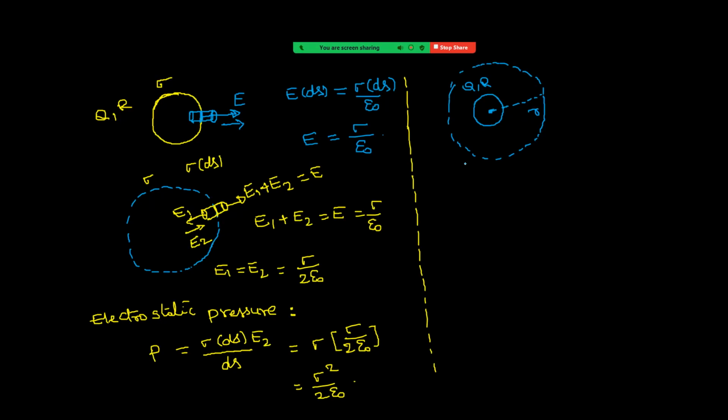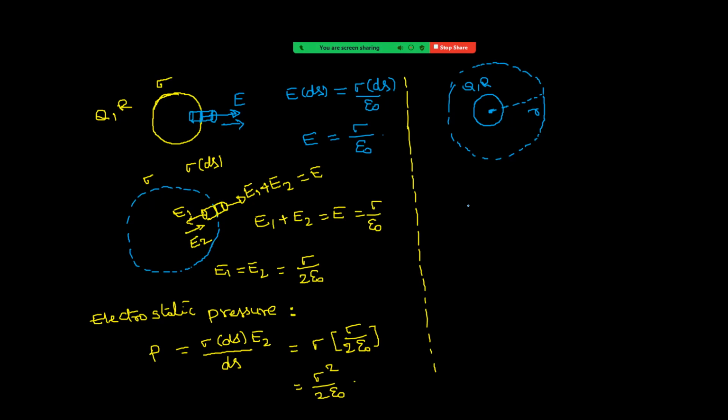Why like this? Because the field is radially outwards. In such a case, at each and every point on the surface of the Gaussian surface, the field vector and area vector both will be in the same direction.